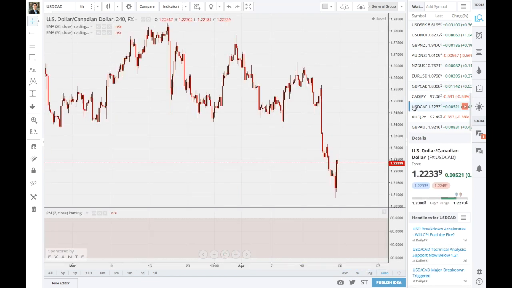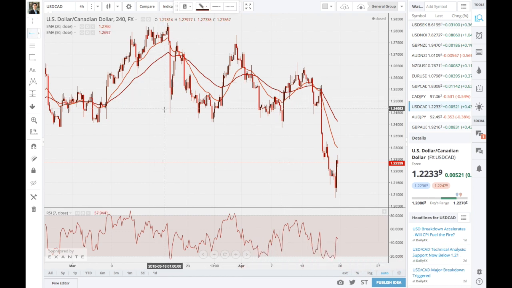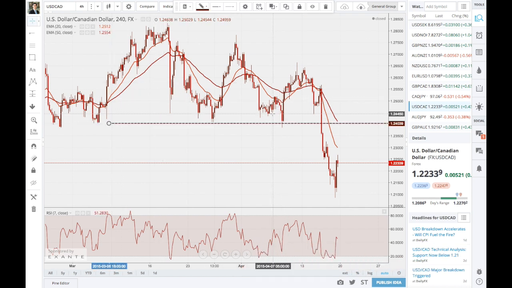Another very similar pair is the USD Canadian dollar. There's a support level, and then price broke and closed below it. So should price come back to retest this level, it will now turn and become a resistance.